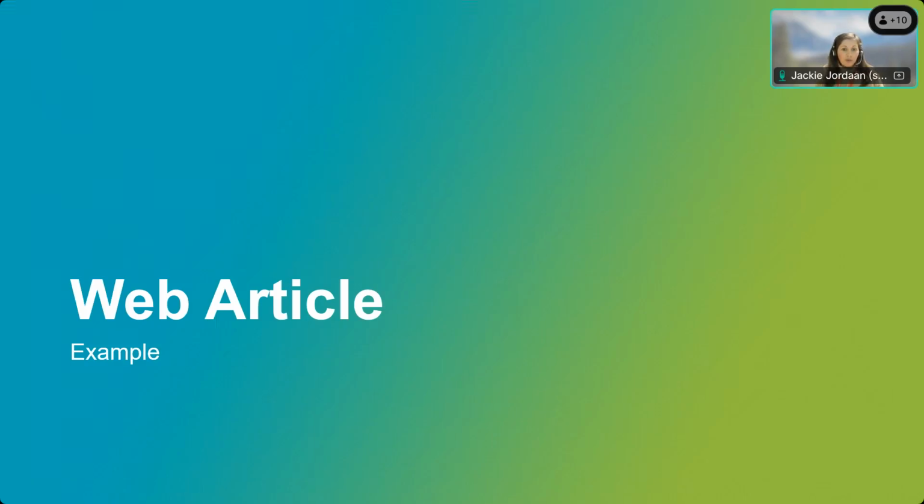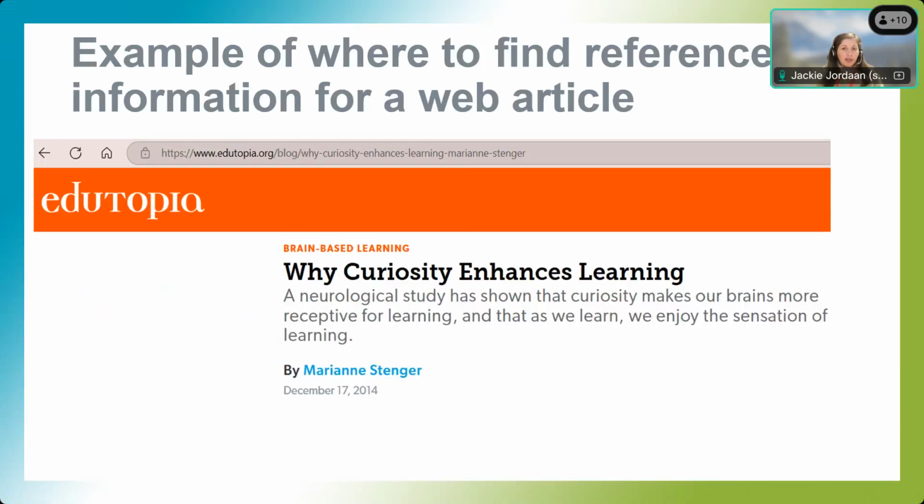So now let's walk through an example of how to reference a web article. We're going to be looking for those 4 elements: the who, the when, the what, and the where. So let's begin with the who. Where can we find the who on this page?